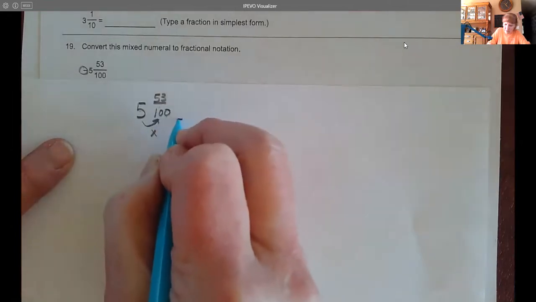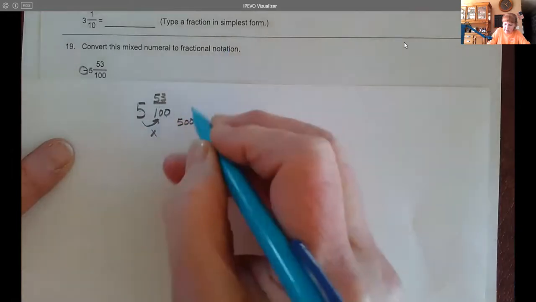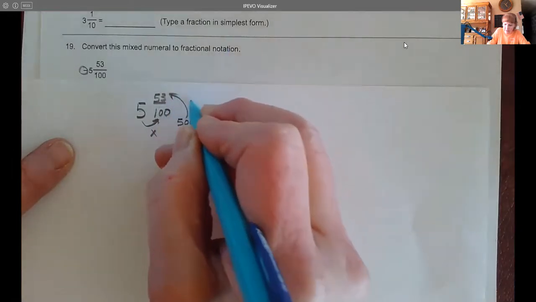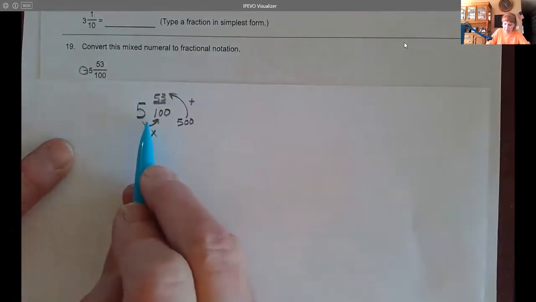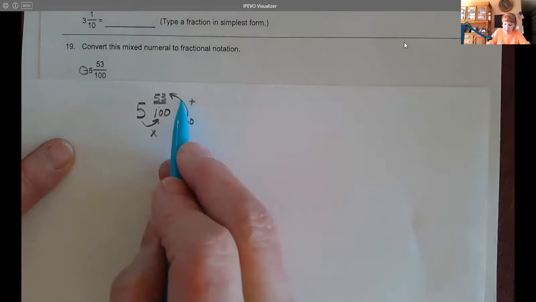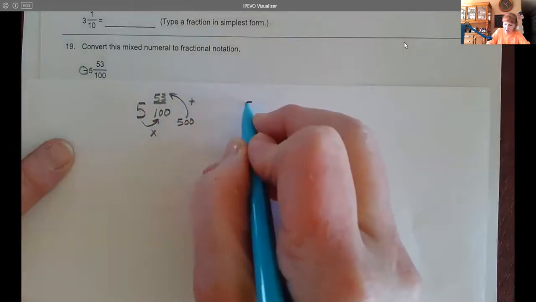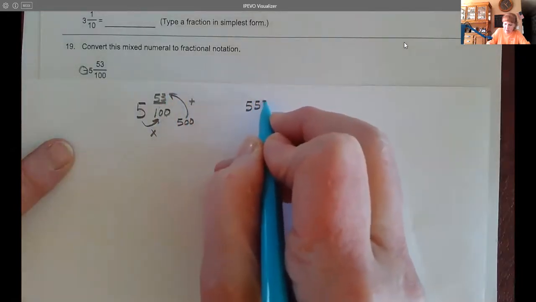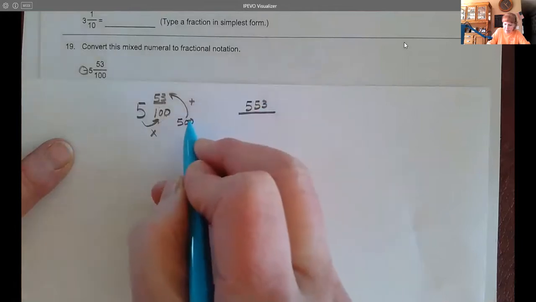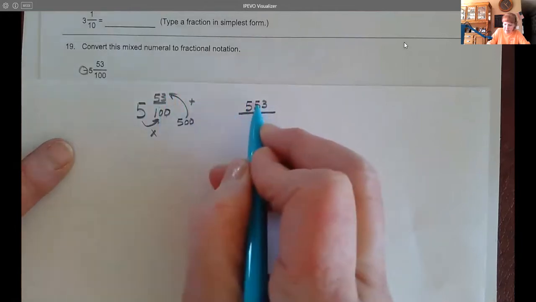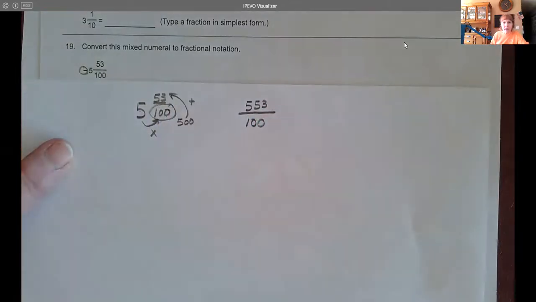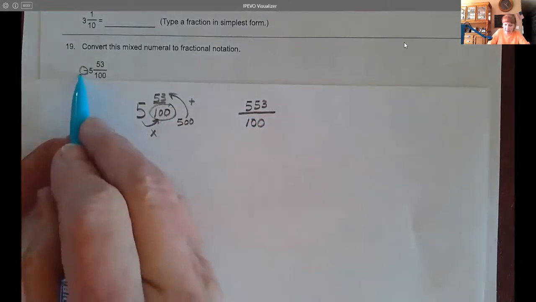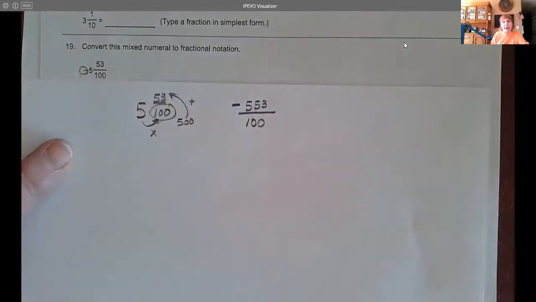And you get 500. And then you add in the 53. So you always multiply and then you add. So we'll have 553. You take 500 and add this, always over the fraction, that same denominator. Now our original was negative, so don't forget to put in the negative when you're done.